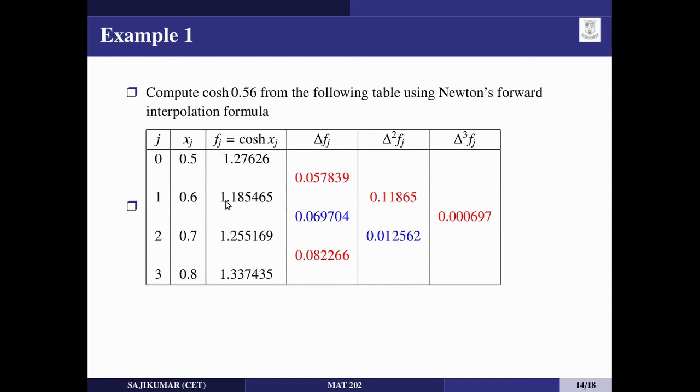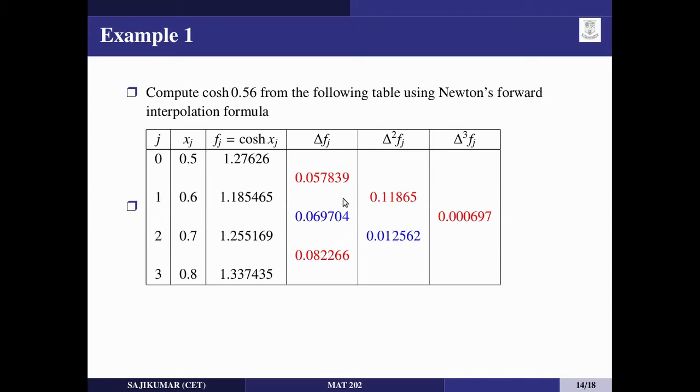Subtracting: 1.185465 minus 1.27626, writing the answer 0.057839 in the middle of these two function values. Again 1.255169 minus 1.185465, the answer is 0.069704. 1.337435 minus 1.255169, answer 0.082266, written in between these two numbers.